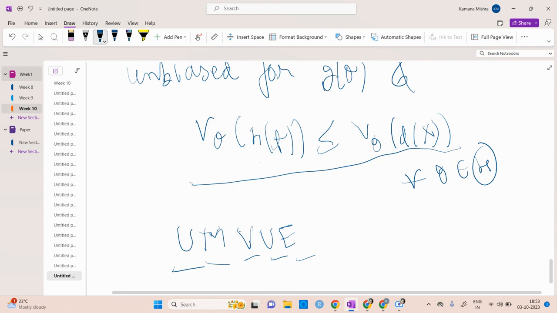So variance of h(T) is less than or equal to variance of d(x) for all theta belonging to H. That means it will have minimum variance also. So you have a minimum variance unbiased estimator. So that one is called MVUE.